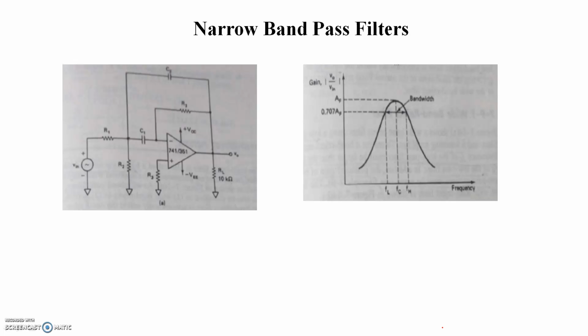Usually for the narrow bandpass filter, we have said that its figure of merit Q is greater than 10. So it is designed for specific values of center frequency Fc and Q. That is, for designing a narrow bandpass filter, we have to first specify the center frequency Fc and the quality factor Q instead of giving the lower cutoff frequency and upper cutoff frequency.